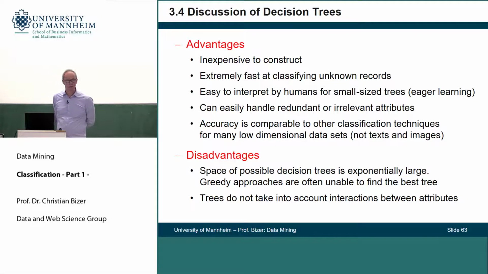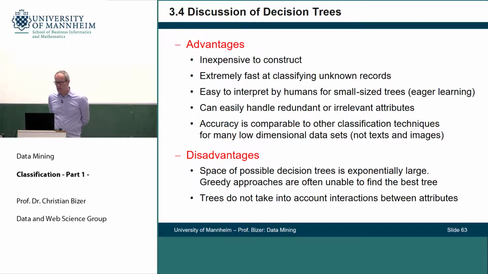So to conclude, what are the advantages and disadvantages of decision trees, also including random forests? Basically, they are rather inexpensive compute-wise to construct if we compare them to other classification techniques, especially neural networks.